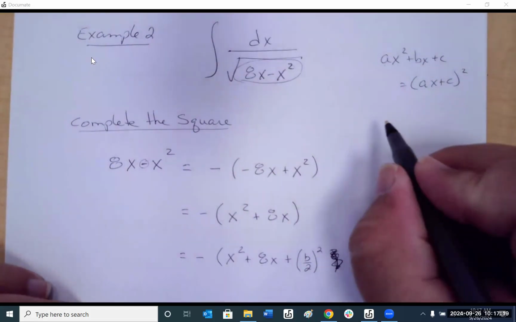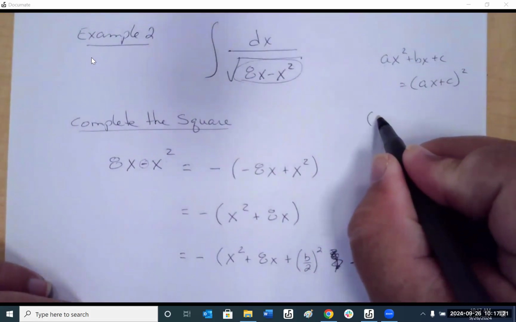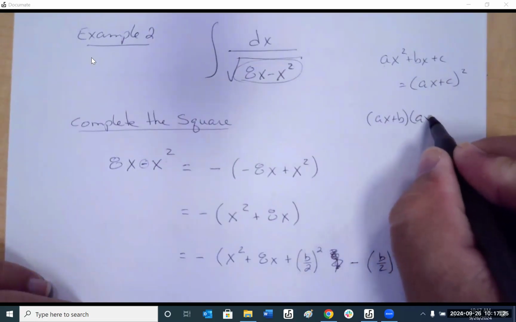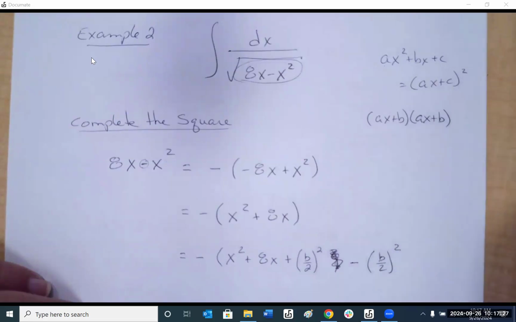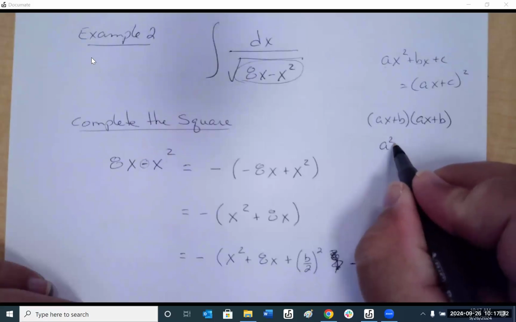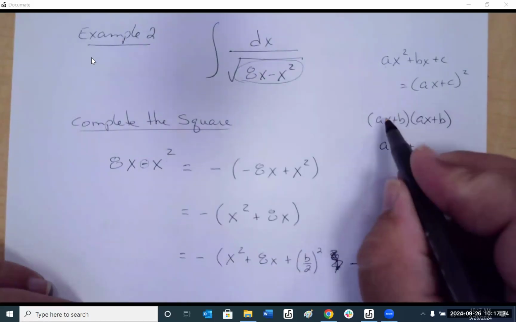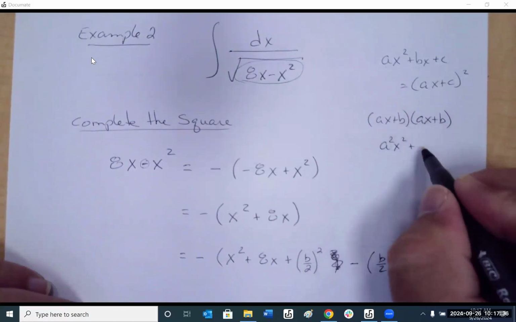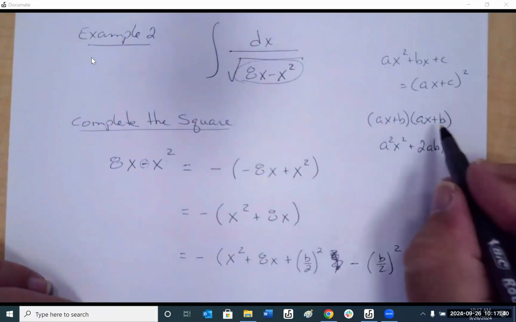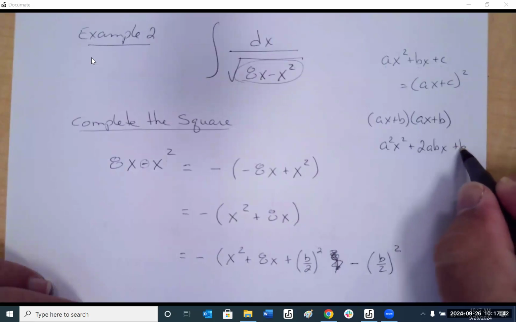Think about if we had ax plus b squared, which is ax plus b times ax plus b. If we multiply these out together, we get a squared x squared, abx, abx, so we have 2abx, plus b squared.